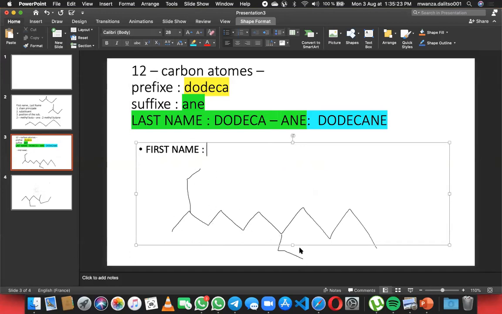Now my question will be, which one is the shortest route to the nearest substituent? Is it this one here? Because you have 1, 2, 3, at position number 3. And you also have 1, 2, 3, 4, 5. Which one is the shortest route to any substituent, either this route or this route?